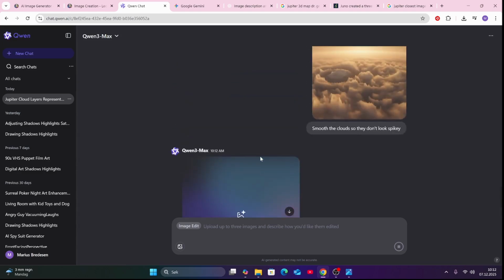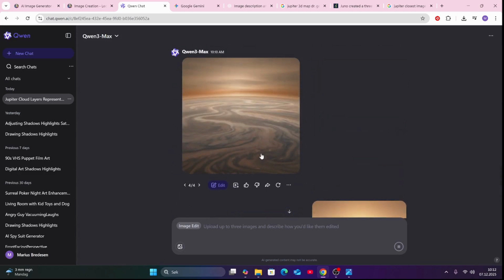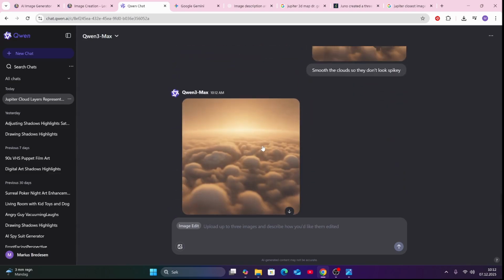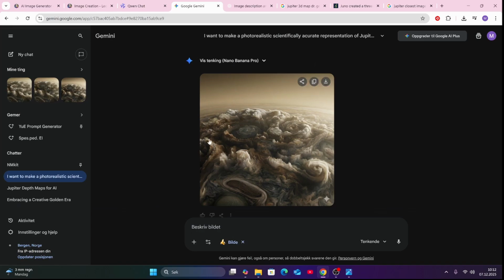But I feel like Qwen has a better understanding that we're supposed to envision a gas giant, while Gemini just plops stuff together. So Gemini 100% follows my prompt.